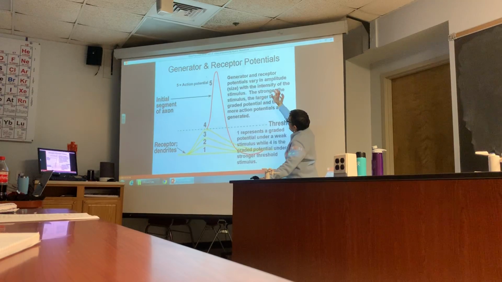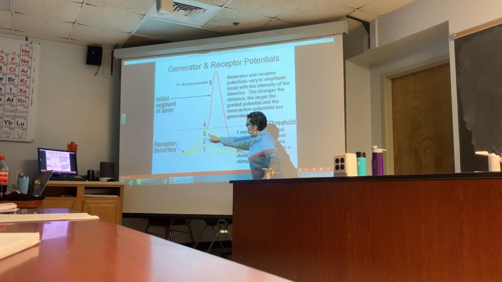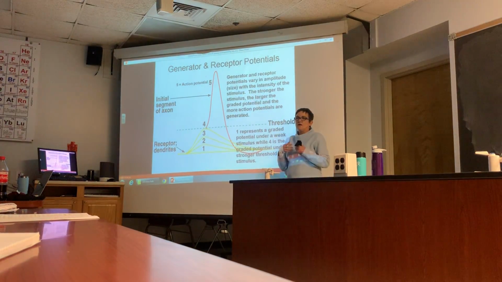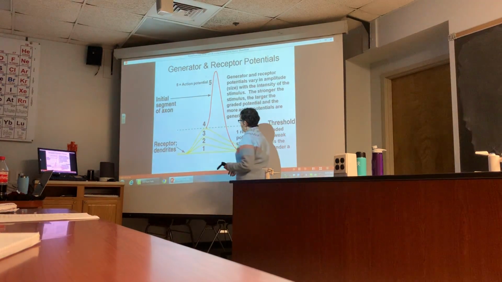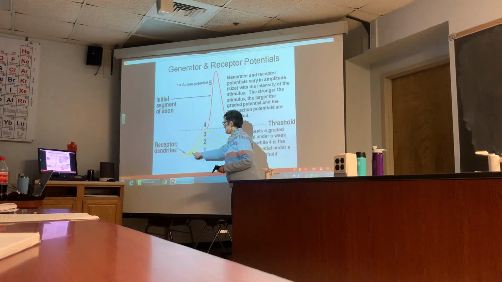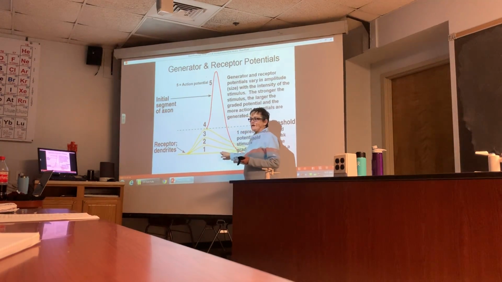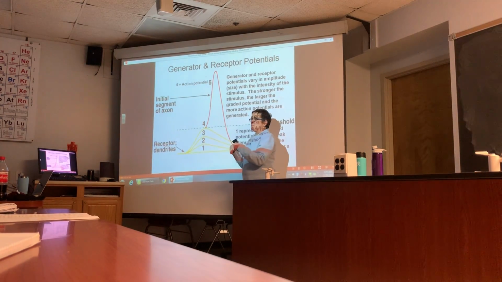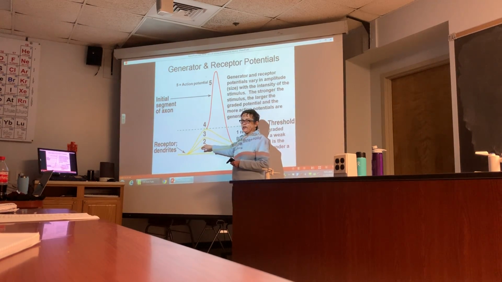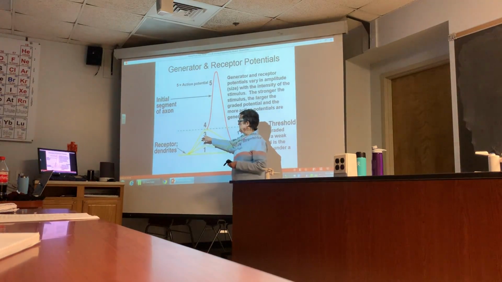So in the case of 1, 2, and 3, those represent either receptor potentials or generator potentials. If you have a weak stimulation, let's say of a free nerve ending, you're going to open up a few ion channels, sodium flows in, you get a little bit of depolarization, but it's sub-threshold. And number 2 is a little bit stronger stimulation, but it's still sub-threshold.